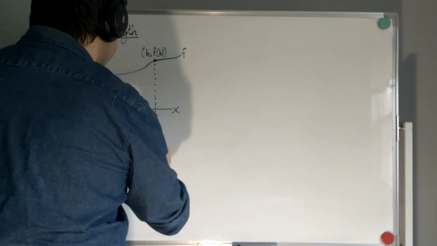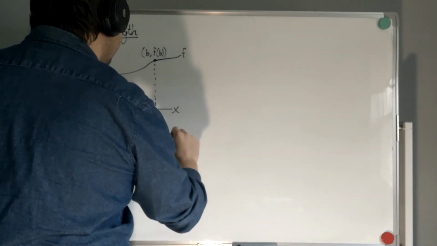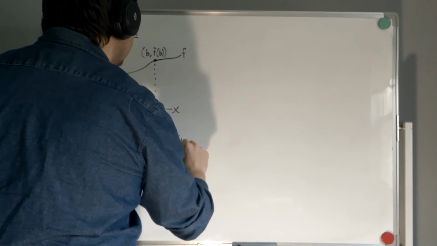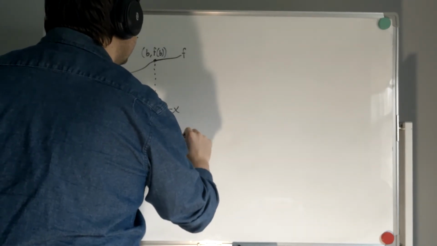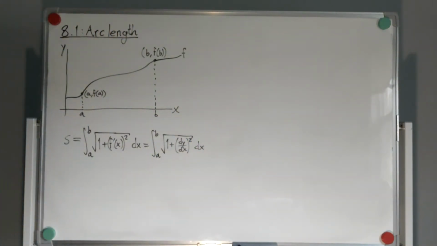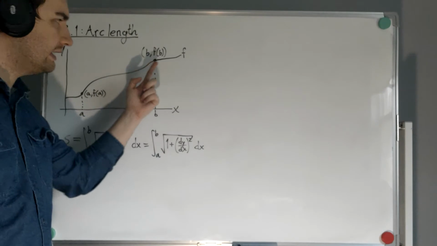And often this is written as the integral from a to b of the square root of 1 plus (dy/dx) squared dx. Okay, and that's just the same thing, right? Because y is f of x.